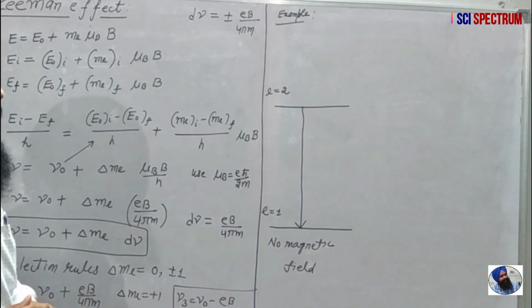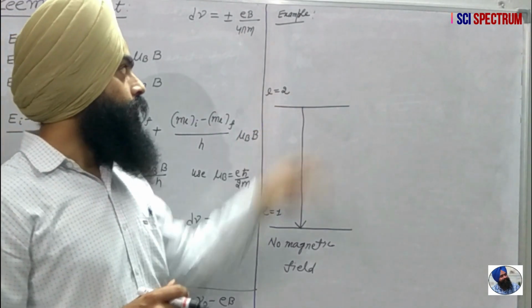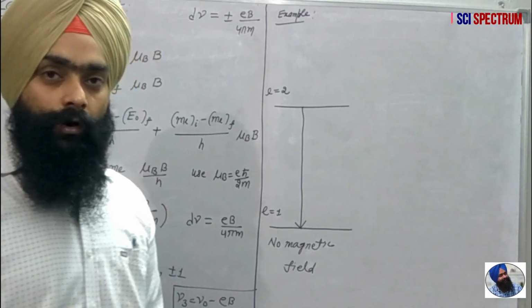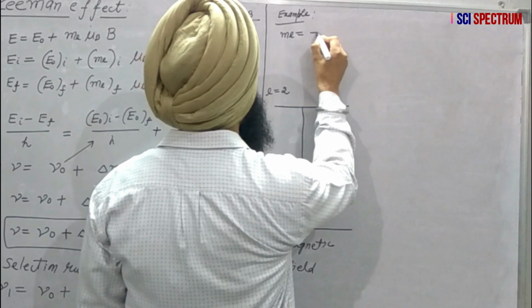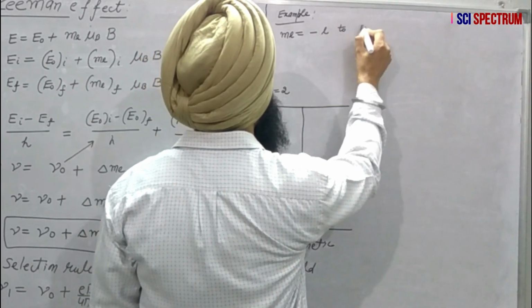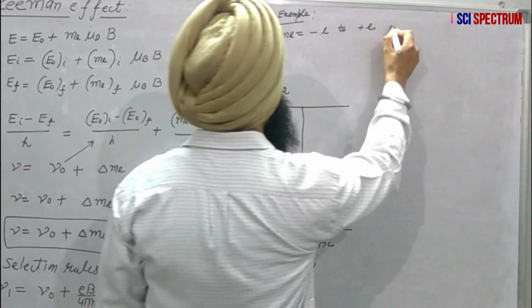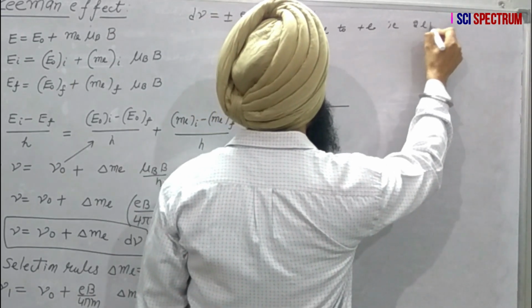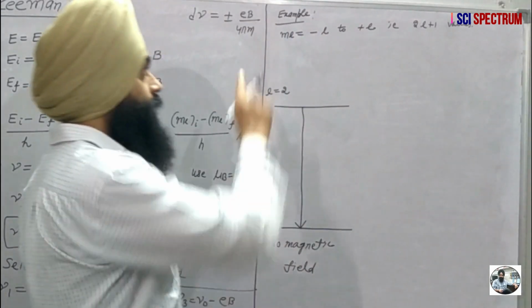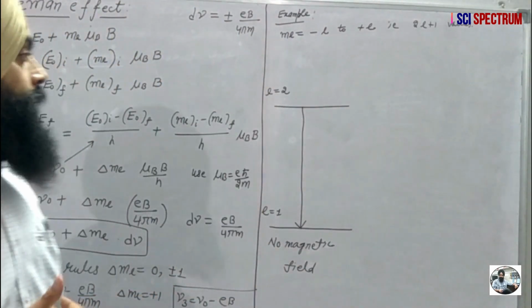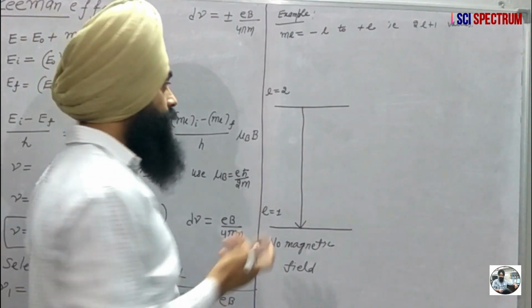Let us see. We know that for L equal to 2, we have m_l values according to this formula, m_l is equal to -L to +L, that is, it has 2L plus 1 values. This formula is explained in the lecture of quantum numbers.